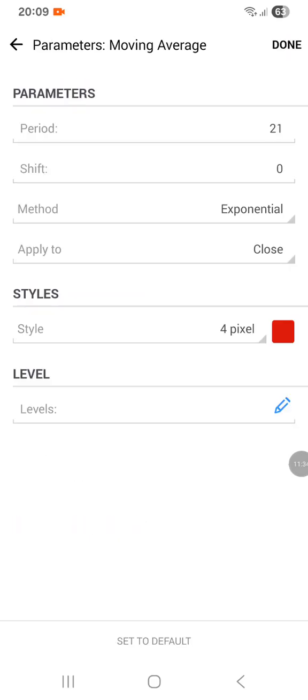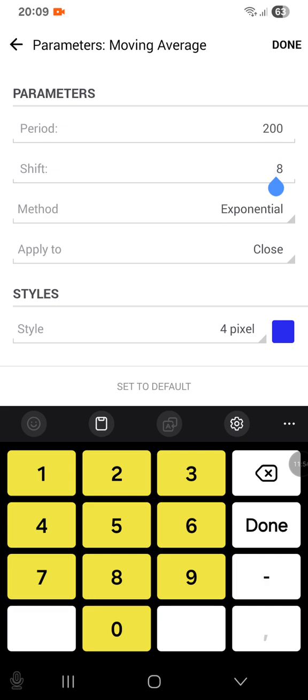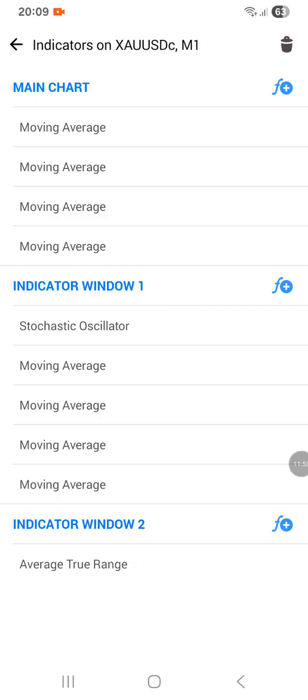Before I go, I need to show the indicator settings. The first moving average is 21 EMA, red color. Second is 126 EMA, orange color. Third is 200 EMA, but the shift is plus 8, and the color is purple.